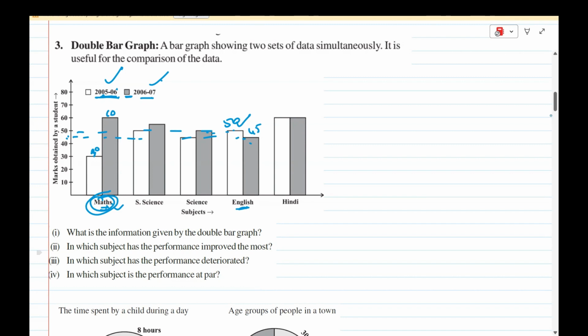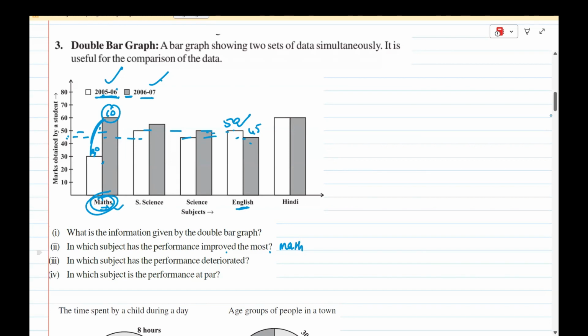Now, in which subject has the performance improved the most? So we can see clearly it is math. In math, the performance improvement is highest. Performance improvement means the difference of the marks. So 60 minus 30, it's double, a 30 marks improvement.